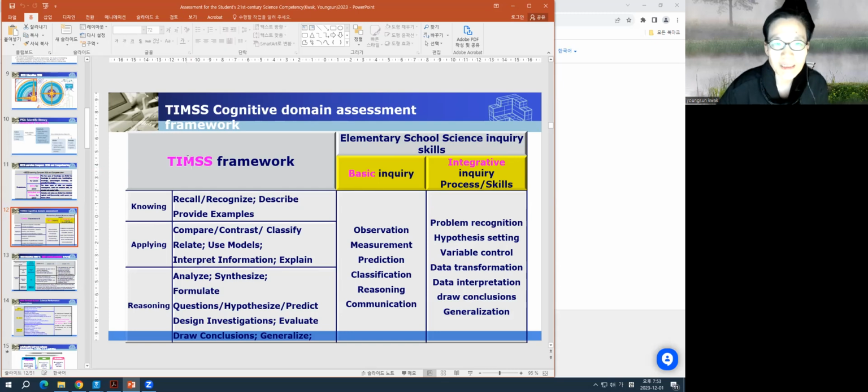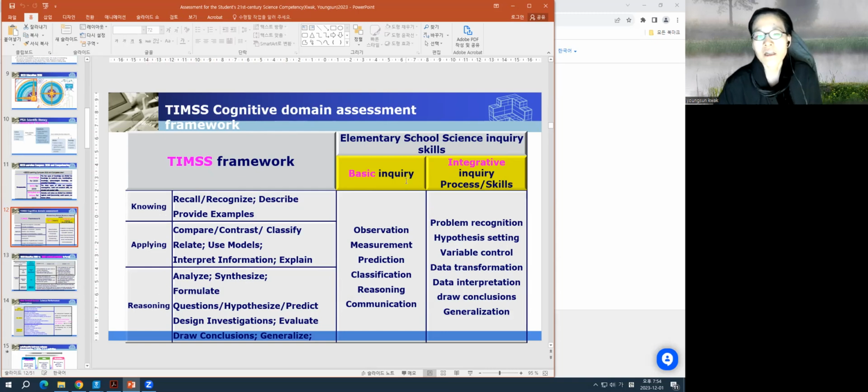It's assessing mathematics and science. According to TIMSS framework, they are assessing students' cognitive area. It's about knowing all science content knowledge and applying and reasoning.